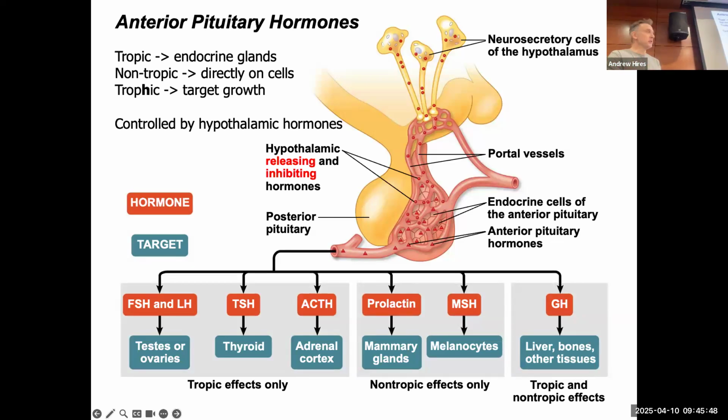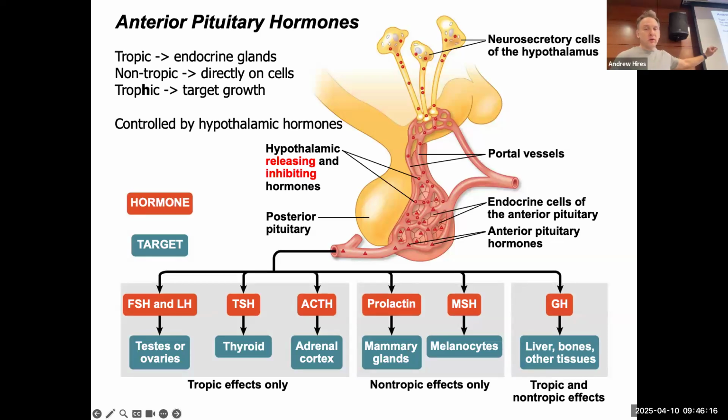So the follicle stimulating hormone is going to target what's known as Sertoli cells within the testes of men, or in females, it's going to target the follicle, which is the material that surrounds each egg. It's a set of cells that surrounds each egg that can then develop and proliferate during the course of ovarian cycles. So FSH is going to do that.